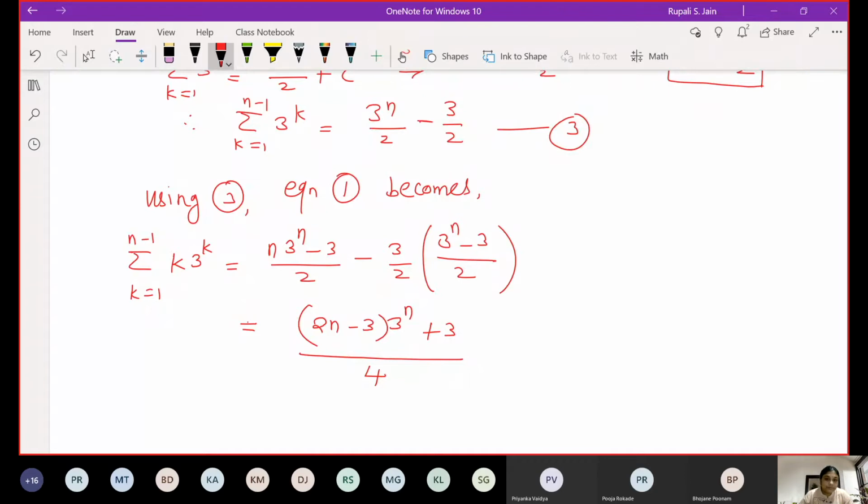Is it right? Just take LCM. This is 4. So 2 times n, 3 raised to n minus 6 and plus 9. So minus 6 plus 9 will be plus 3. And if I take 2n minus 3 common, the remaining will be 3 raised to n divided by 4 as it is. Is that okay?